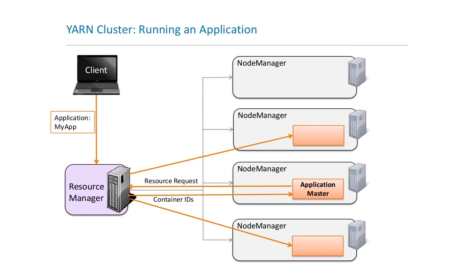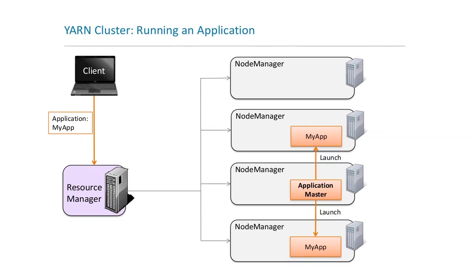It says, in order to finish this MapReduce task, I need so many containers with so much memory and so much computational power. The resource manager then sends the container IDs to the application master, and these are the containers. Now the application master takes over and runs the MapReduce task using those containers.